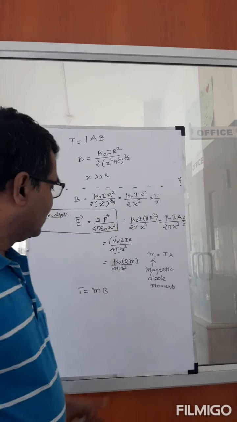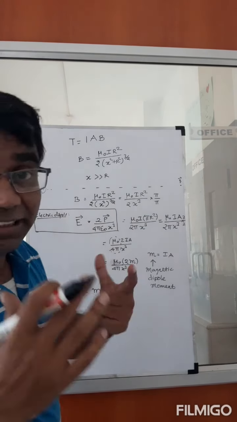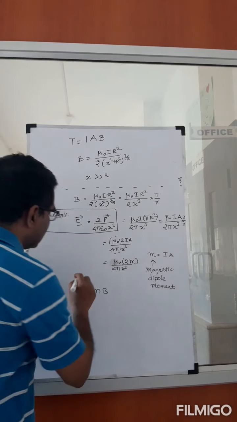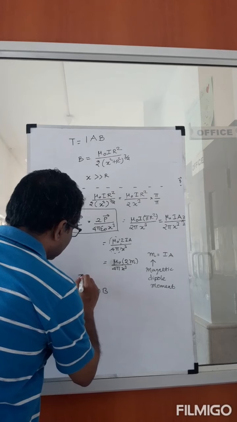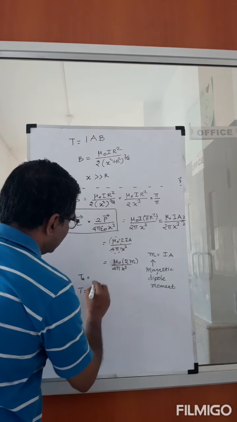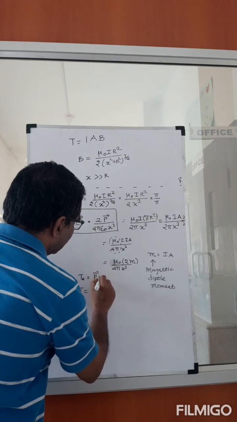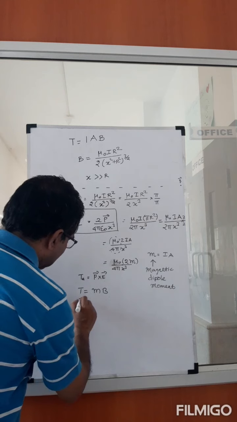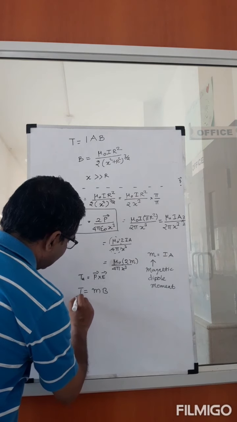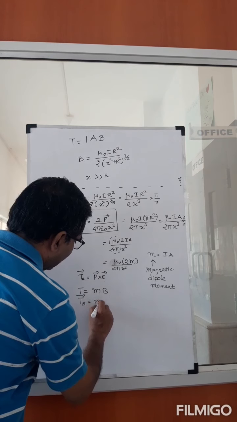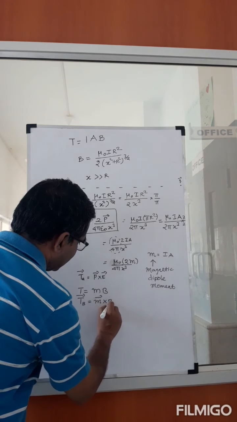If you take the electric torque, in electricity, tau was equal to P cross E. So in this case, the magnetic torque tau_B, with direction assigned, is equal to M cross B.